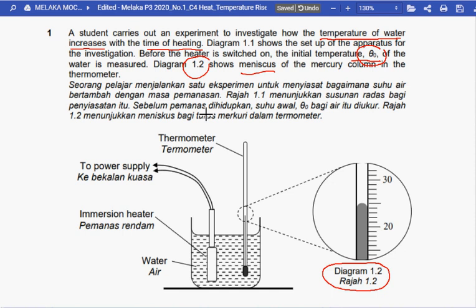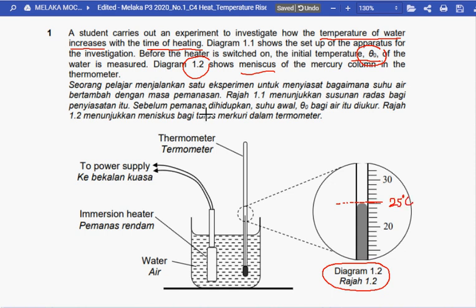You need to look at the meniscus, which means the upper part of the curve. So here, this is 20, and 30, so it means that here will be 25. So your theta naught is 25 degrees Celsius.